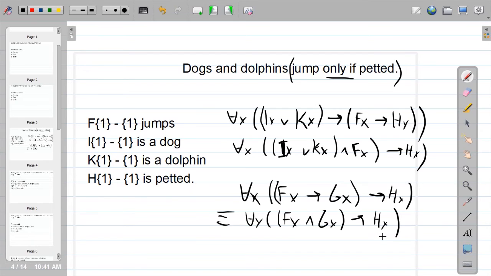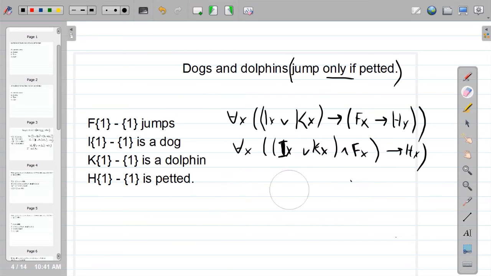Yeah? No, can we say like for all x, Ix implies Hx, and for all x, Kx implies Hx? Good, yeah. So here's another way of symbolizing this. We could have just done two totally separate sentences. So for all x, if Ix, then if Fx, then Hx.